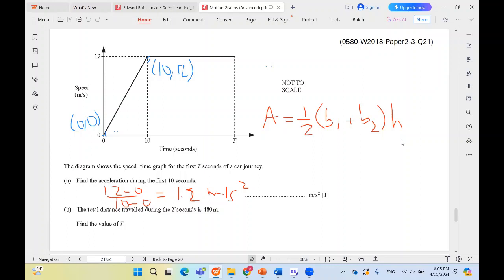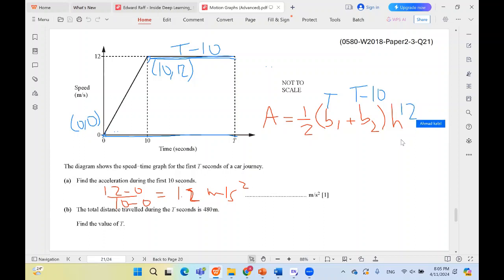It's the bottom base, so from 0 to t, which would just be t minus 0, which is t. And then the top base here would go from 10 to t, so this would be t minus 10. And the height is known as 12.